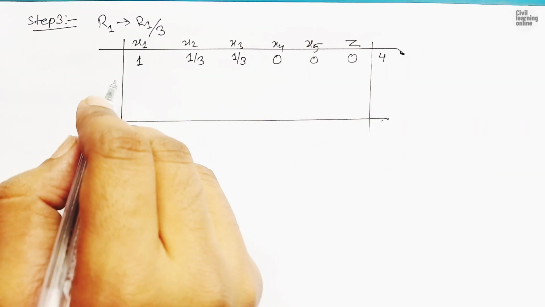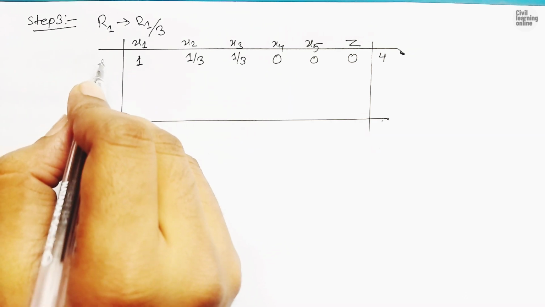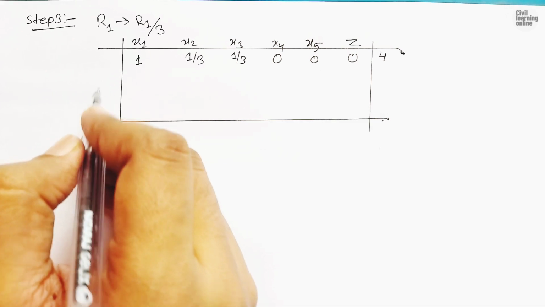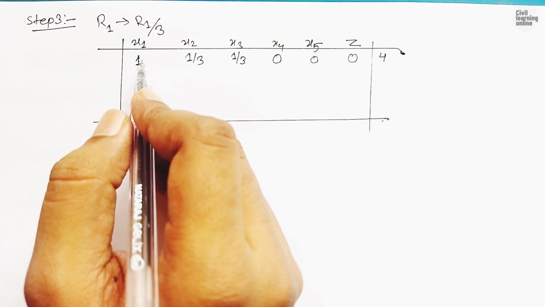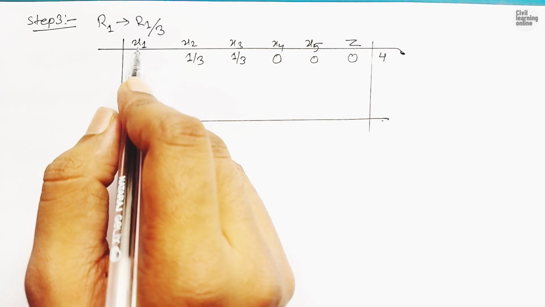And rewrite the elements of row 2, row 3, row 4 as they are, and here we will have some changes. Initially there were x3, x4, x5, and now we have got the pivotal element of row 1, and row 1 was the first column, and the first column corresponds to x1.